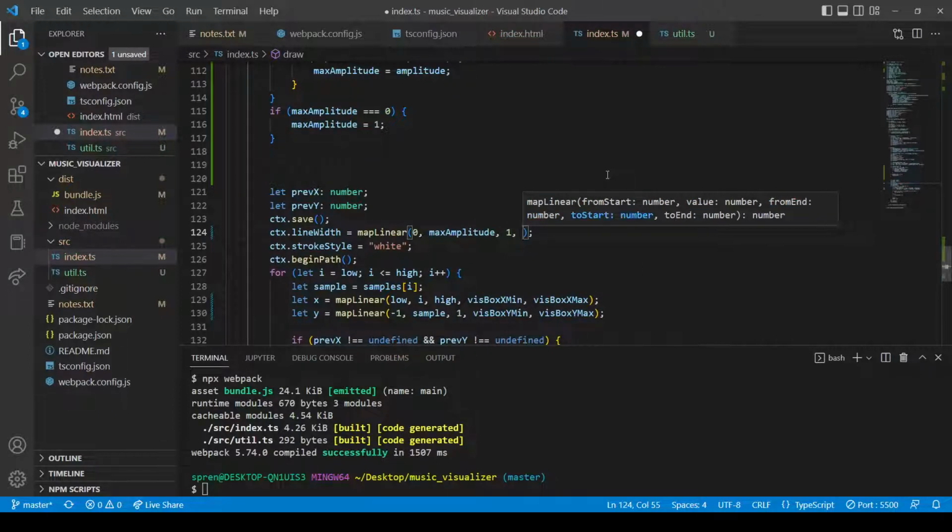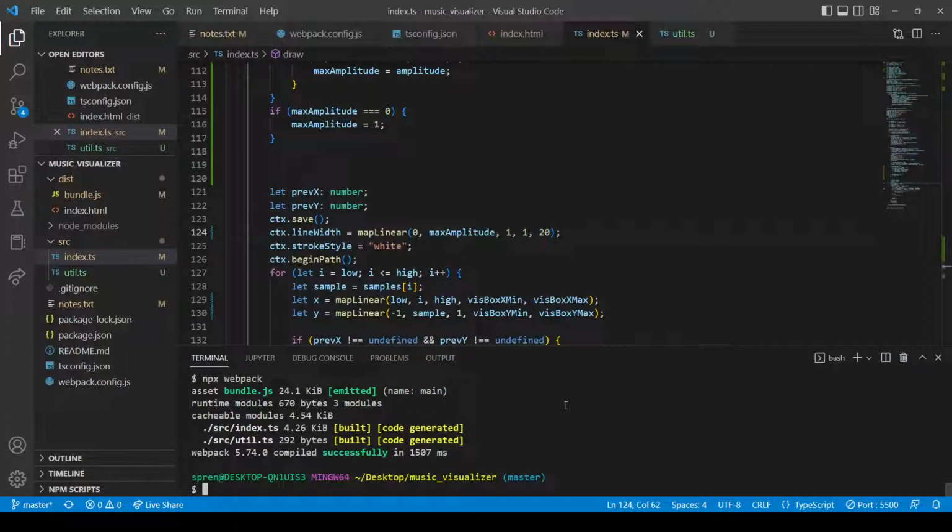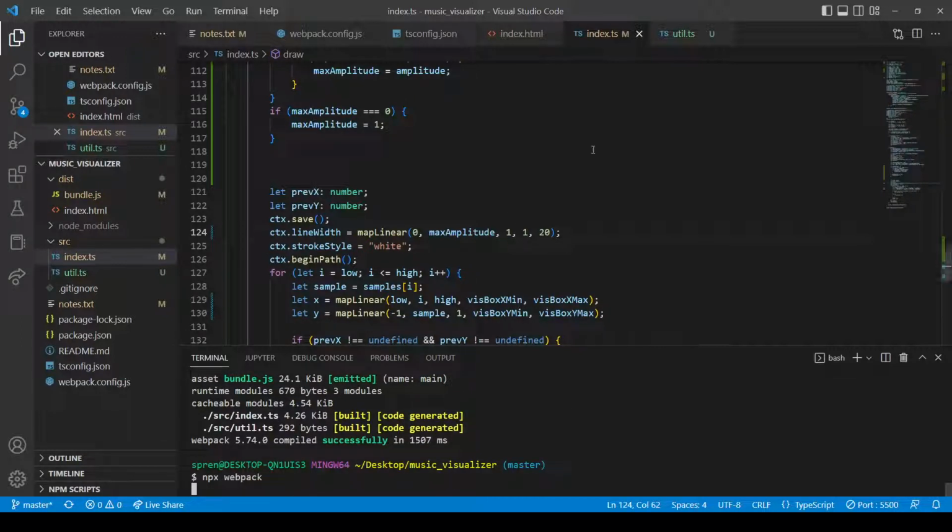And let's map it to a number between 1 and, I don't know, 20? And set that as the line width? That could be cool, right?